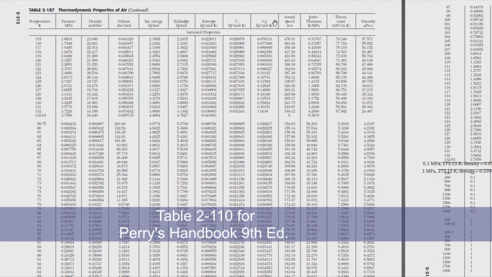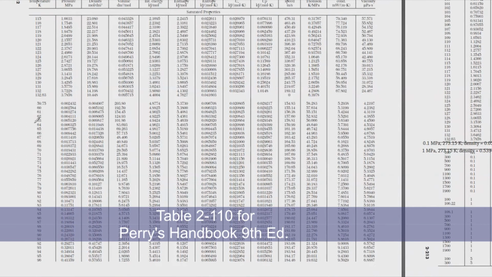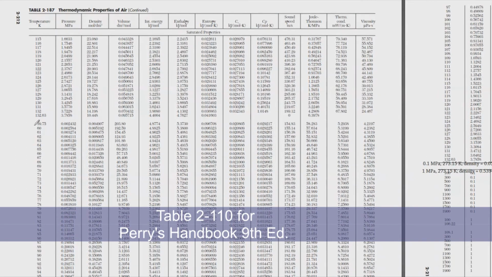Now here's the table of thermodynamic properties of air, and let's look into it. So here we have the temperature and the viscosity, and as I've mentioned before, we would always assume first that the fluid is at its saturated state. Since we're given the temperature at the film, which upon computing results to 273.15 Kelvin, we need to look at the temperature, and if we can see something like 273.15 here, then that's probably at the saturated state.